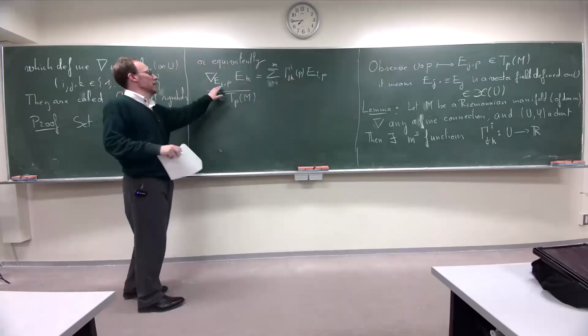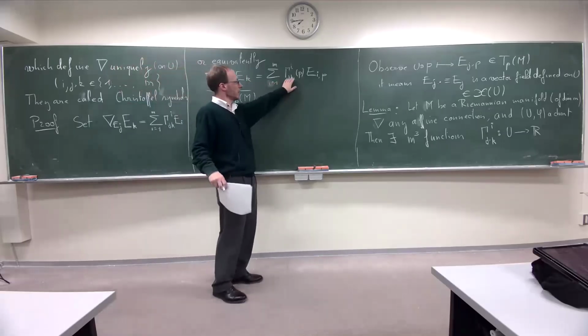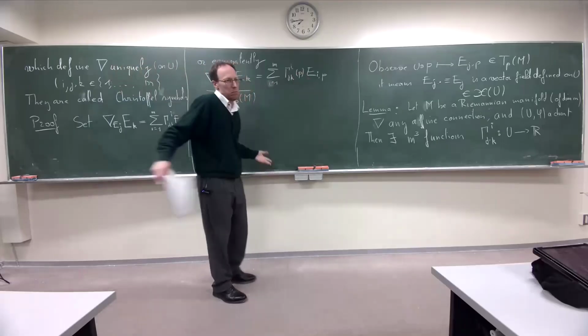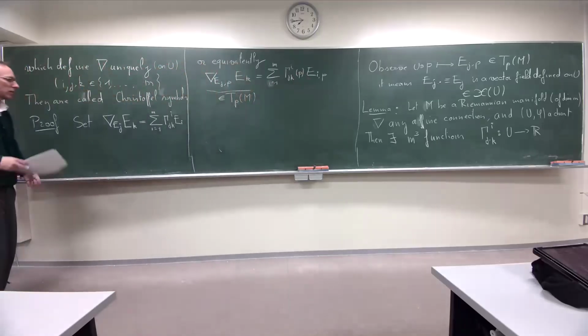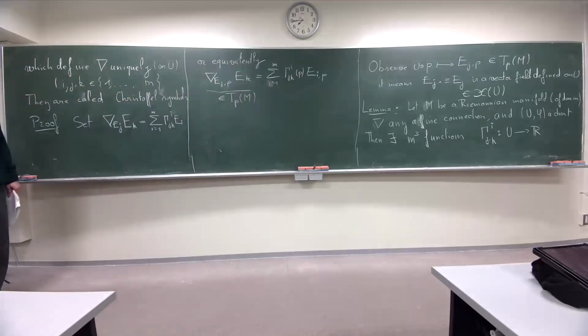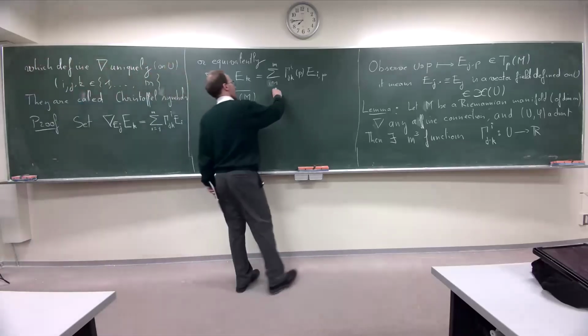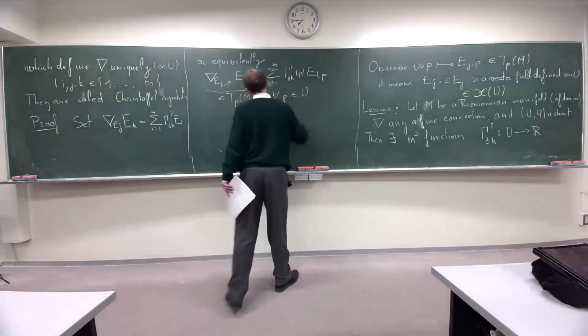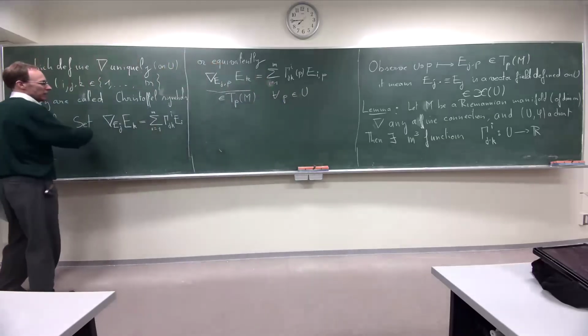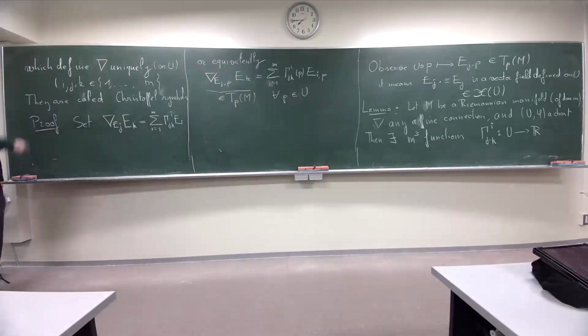Here we have a j and a k, so I put a j and a k, and I sum over i. This is always possible. This gives me a definition of what is gamma_jk^i, because it's a basis, so every vector can be decomposed in this way. This is for any P belonging to U, and this is simply without evaluating. This is the same equality, but I don't put a P here, but it's the same.